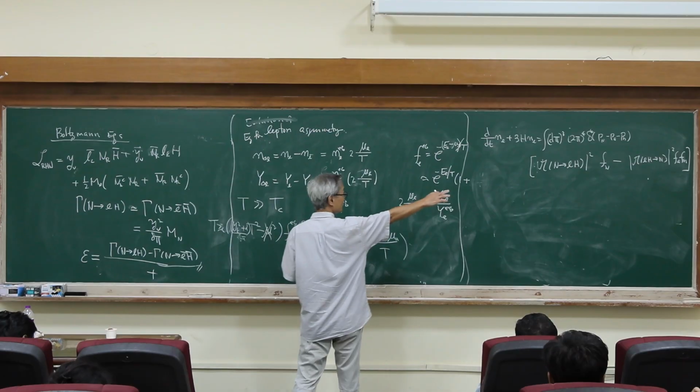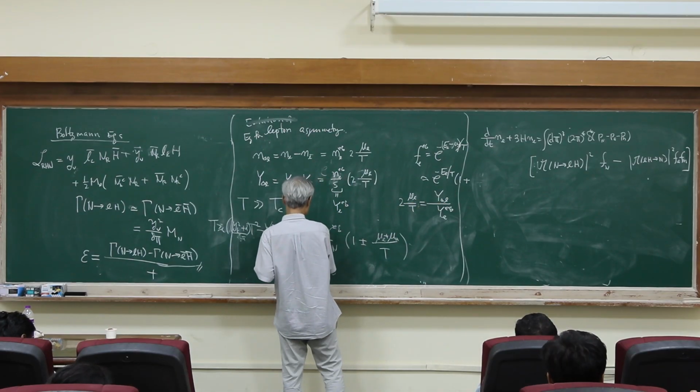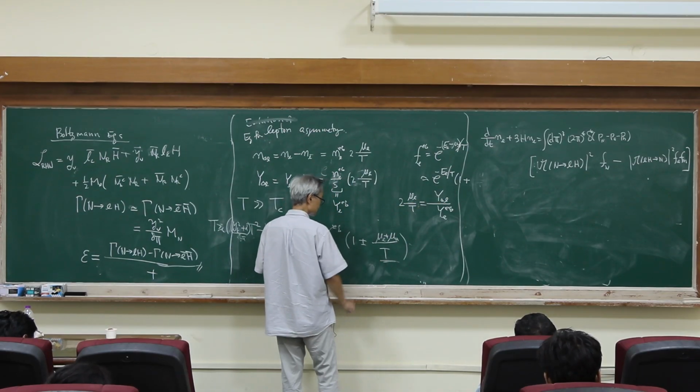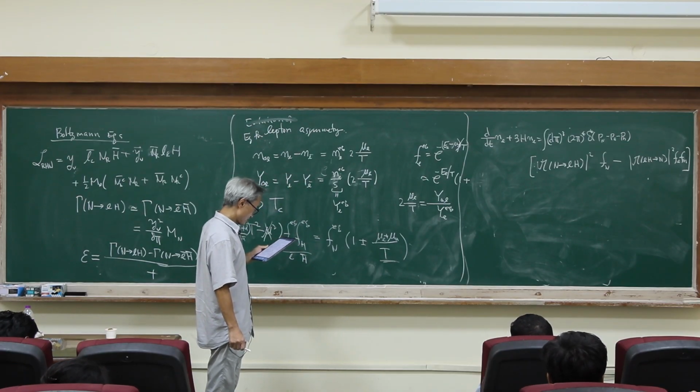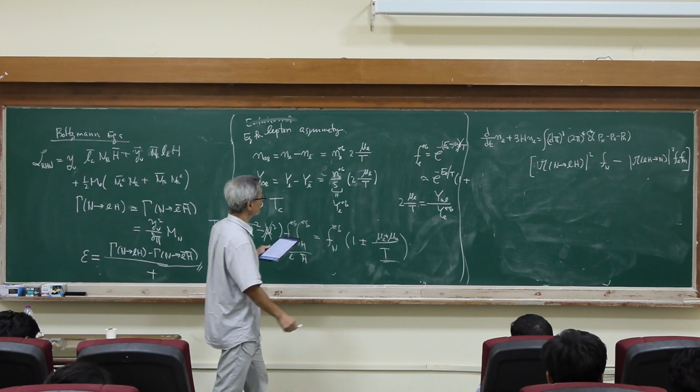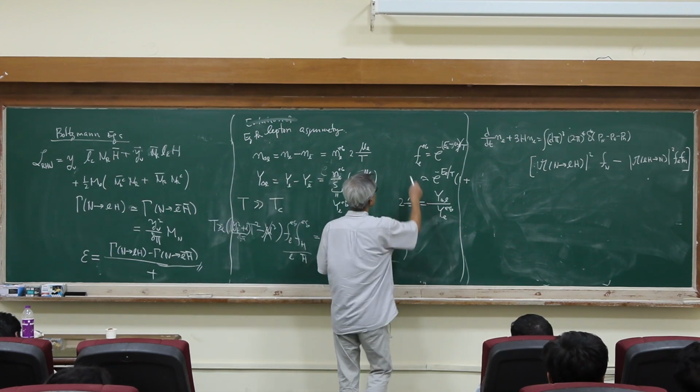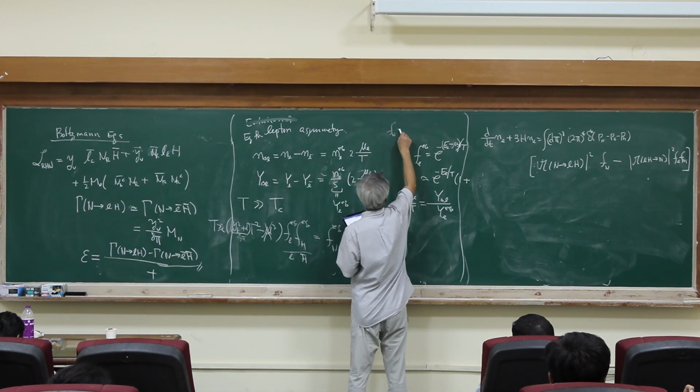Okay, so for f_L, f_H, we take the equilibrium distribution. For f_N, as we did. Again, f_N.